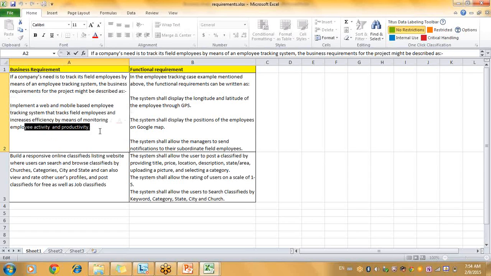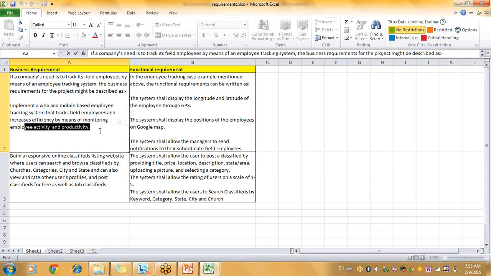It's a high-level business requirement, purely from the business side, which says in a single sentence why I need to implement a web and mobile-based employee tracking system. I need it in order to track an employee. And why do you need that? So that I can increase efficiency. So what is the project finally going to achieve? If I increase the efficiency, my productivity will be more.